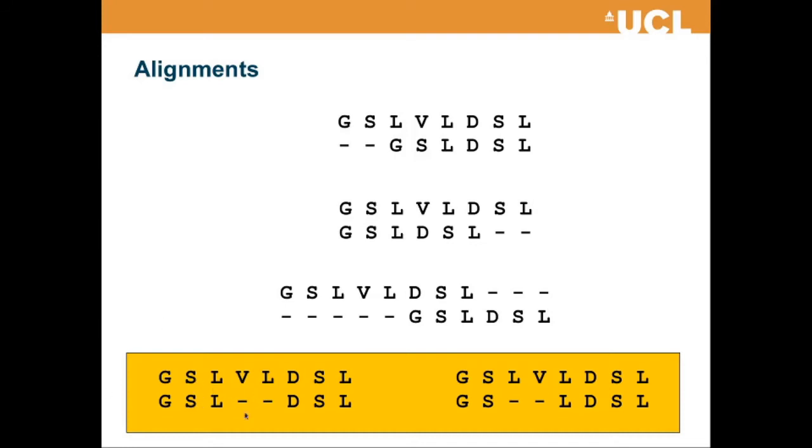Now, in this particular case, we need to insert a gap around here but it's not obvious whether this leucine should be aligned with this first one or with this second one, as I've done in the example over on the right.